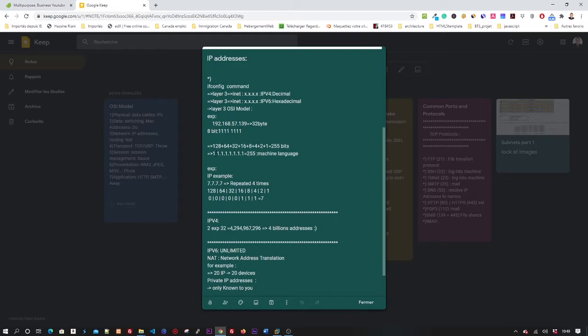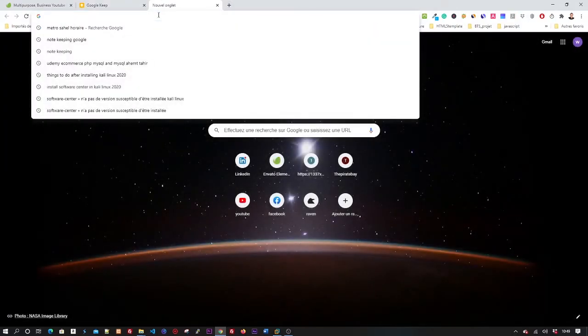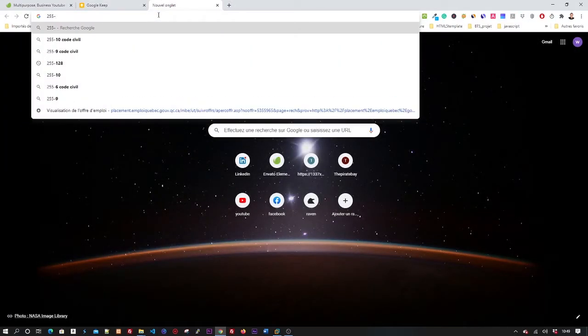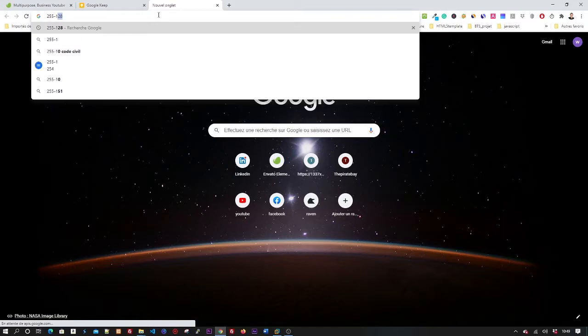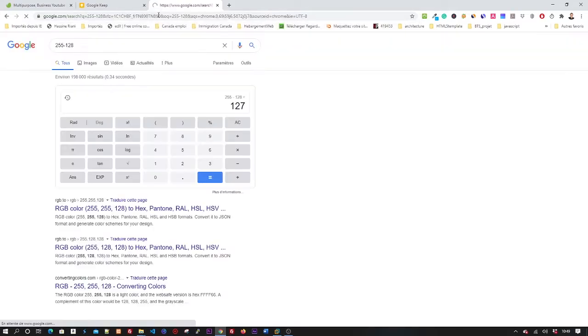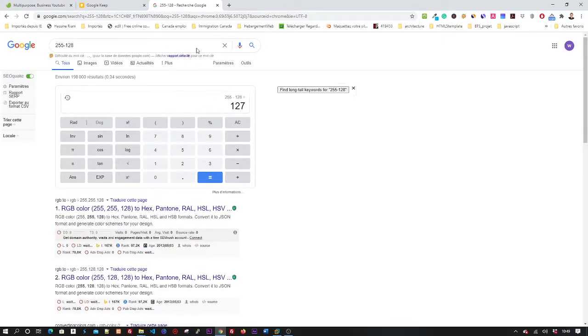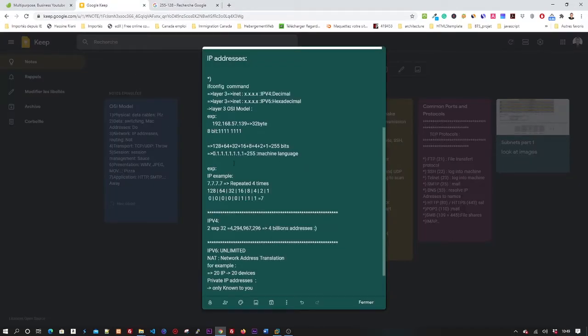If we put 0 here, we will get 255 minus 128, which is 127. If we put it back to 1, we will get 255 again.